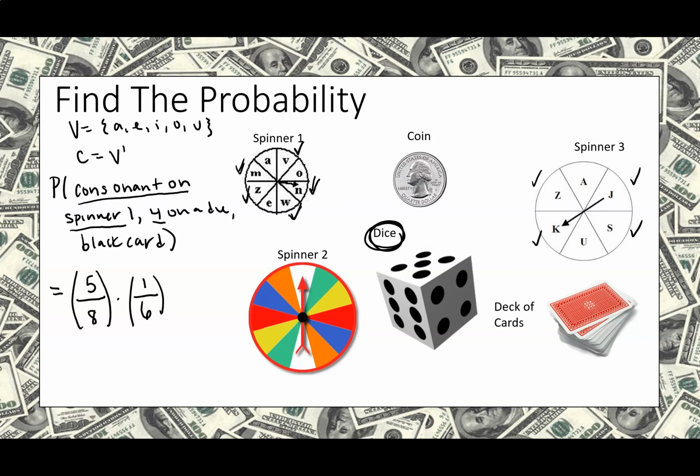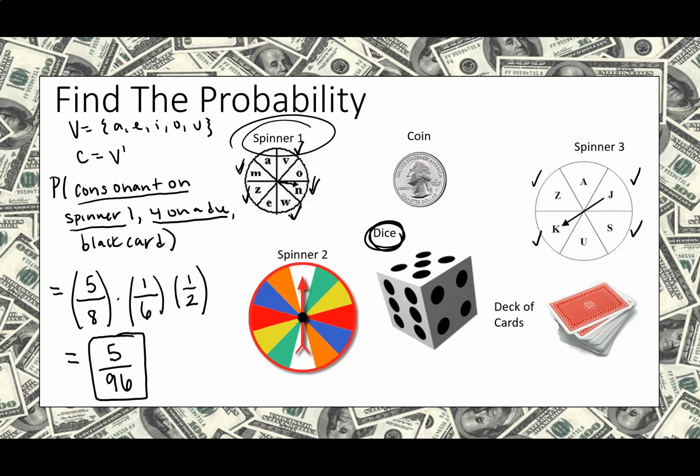There's only 1 4 on a die. And then what's the probability of picking a black card? Well, that's going to be 1/2. Half of our cards are black. So multiplying that across, I get 5 over 96. Which is as reduced as it gets. So we have a 5 in 96 chance of spinning a consonant on spinner 1, and then rolling a 4 on this die, and then getting a black card right here.